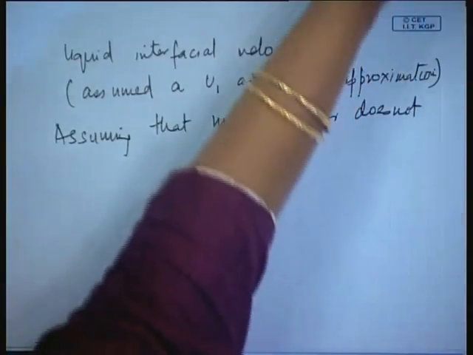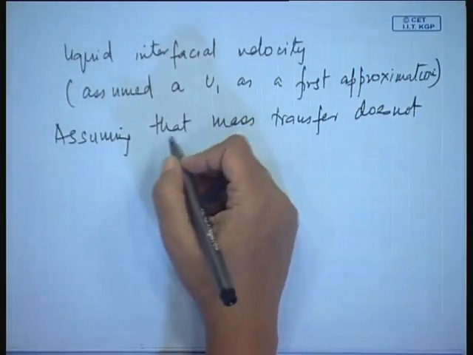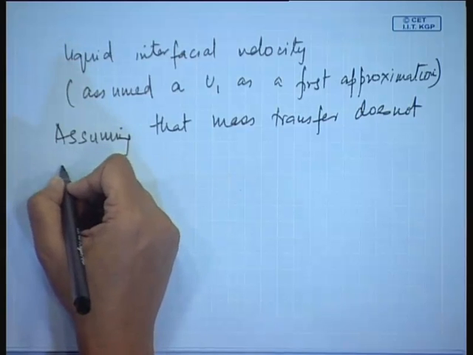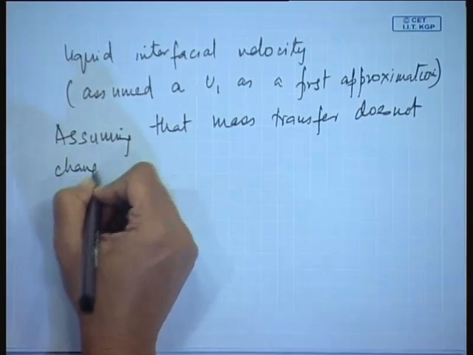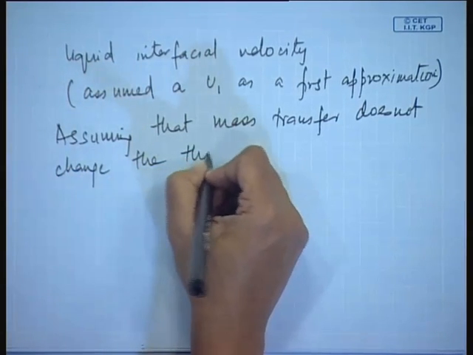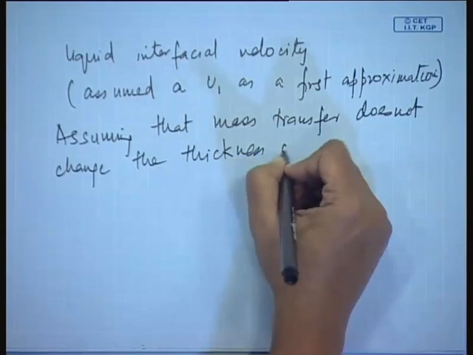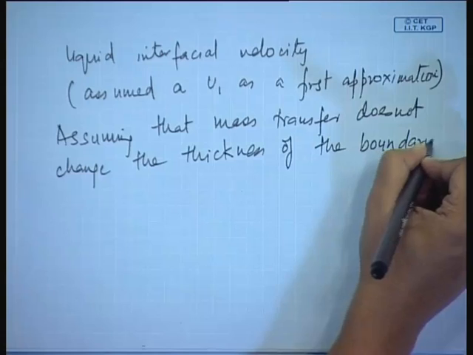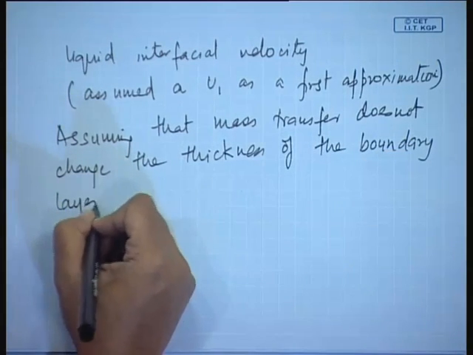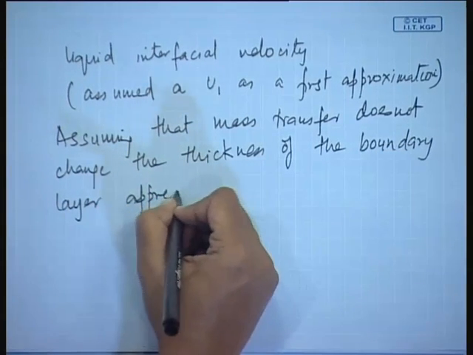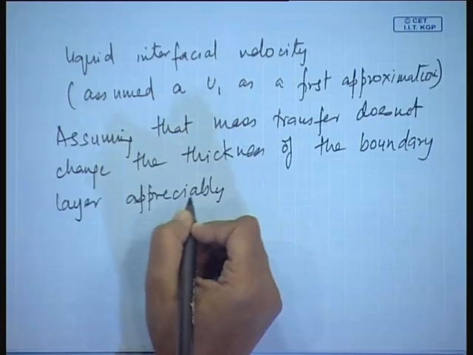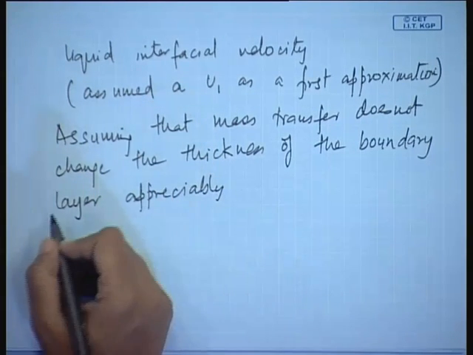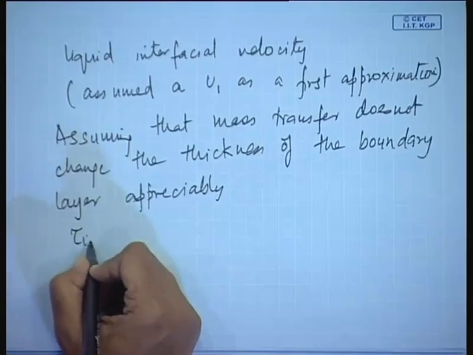So, if we make this supposition that mass transfer does not change the thickness of the boundary layer appreciably, then under these conditions we can write down tau im.